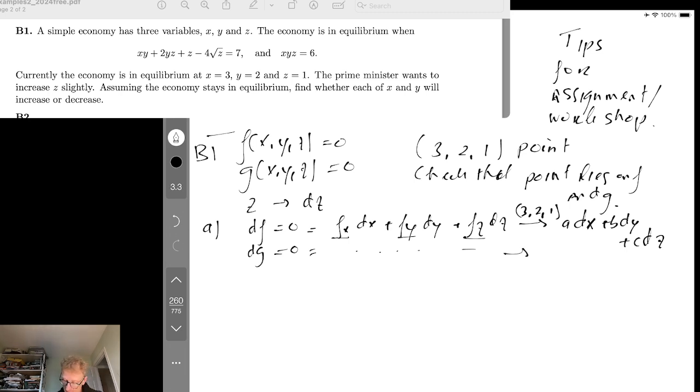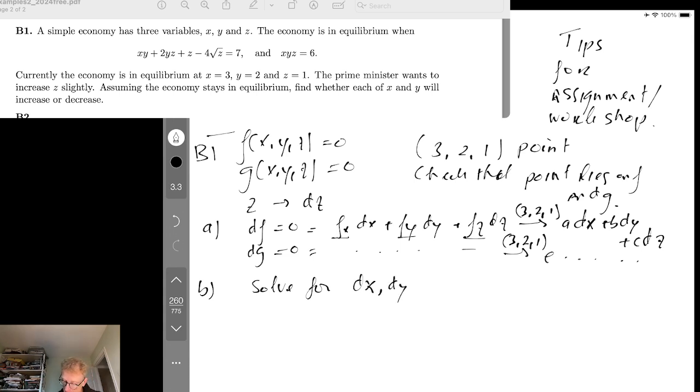And likewise, we get that for g. We get a sum involving dx, dy, and dz, whatever it is. And then the second step is to solve for dx and dy.